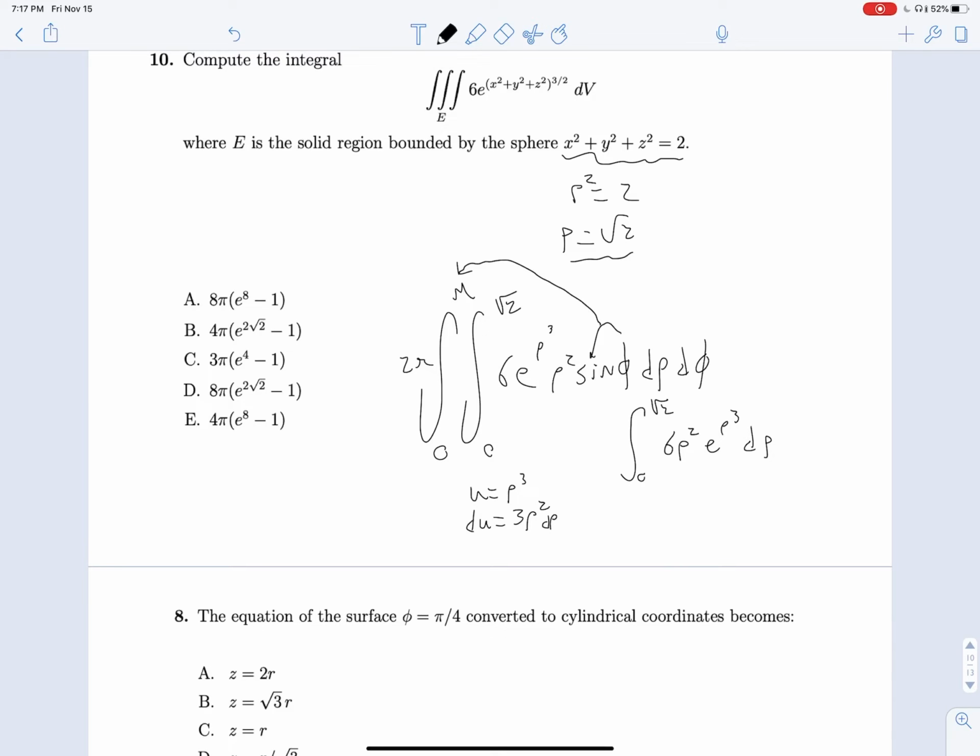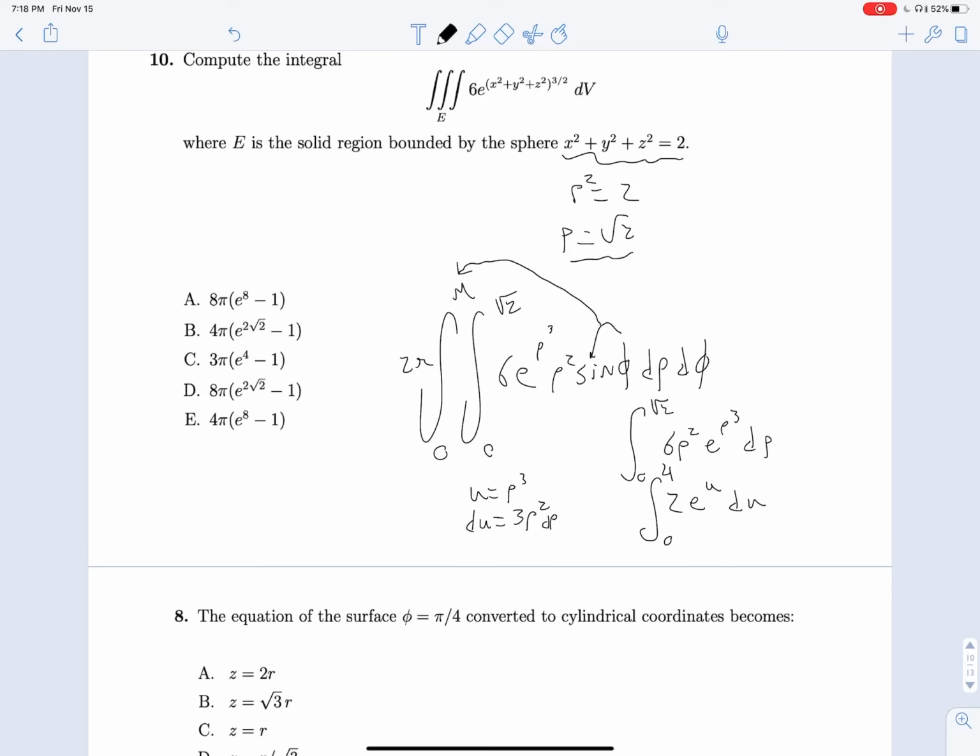And so we can divide out 3 rho squared, and we're going to get 2 e to the u du, and our new bounds of integration are 0 and 4.